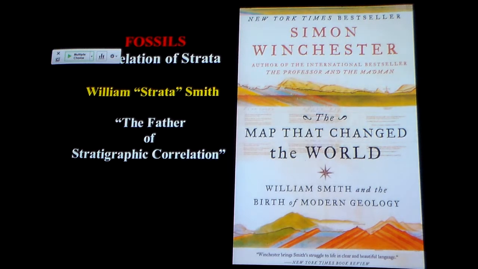And he noticed that the fossils were kind of lining up with what he was seeing as far as structures, and how to correlate one set of rocks to another set of rocks at the other end of the canal. So he started to map all of Britain, and he did. He produced the first geological map of Britain, which still exists, still hangs in the hall of the Royal Society.